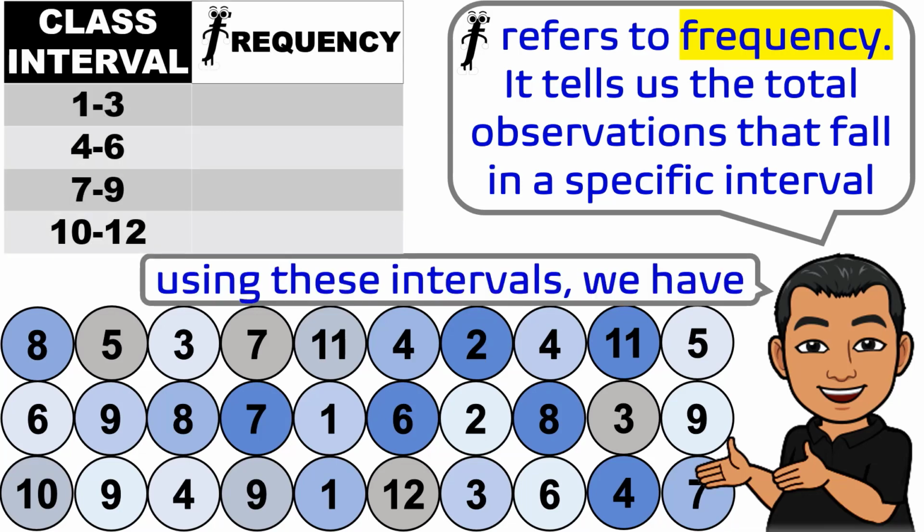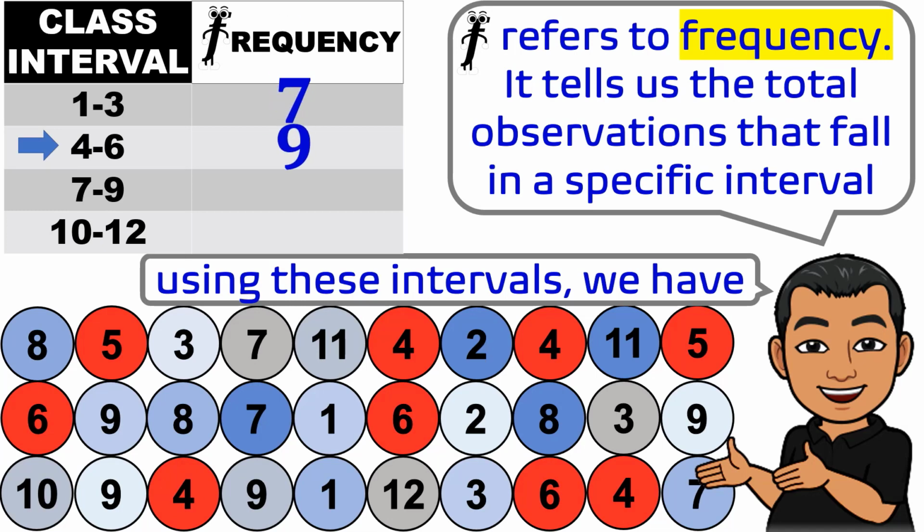Using these intervals, we have, for interval 1 to 3, 1, 2, 3, 4, 5, 6, 7 as frequency. For the next interval, 4 to 6, we have 1, 2, 3, 4, 5, 6, 7, 8, 9, so 9 as a frequency.